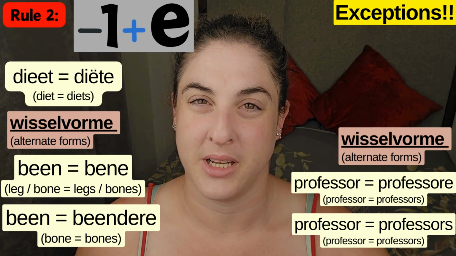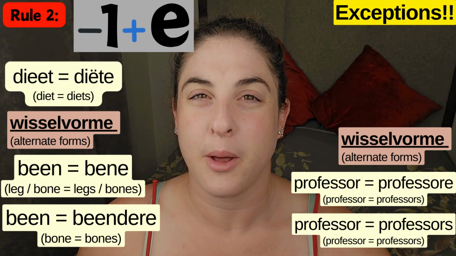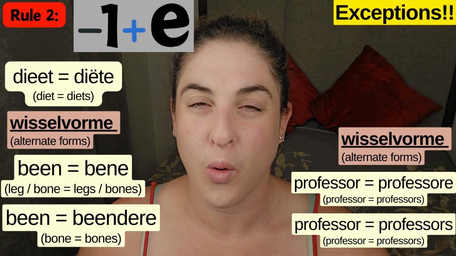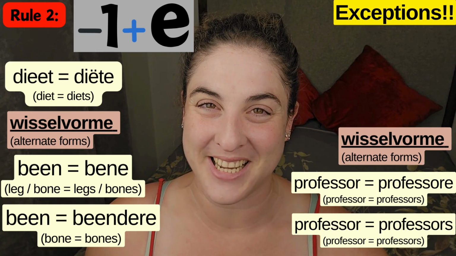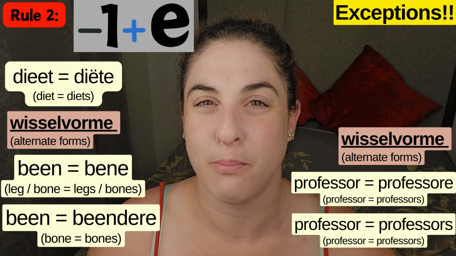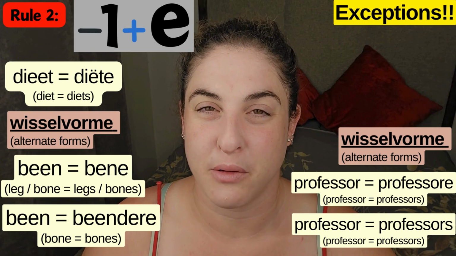This wisselforme is the word been. Now in its singular form, been in Afrikaans can mean leg or bone. So leg like your body's leg, or bone like give the dog a bone. So in the singular form, it has both of those meanings.